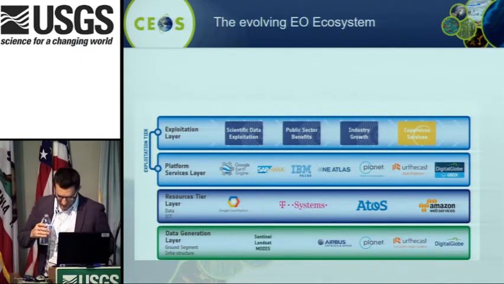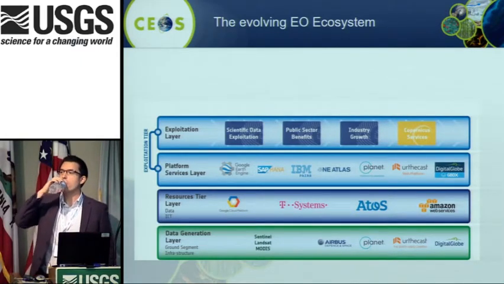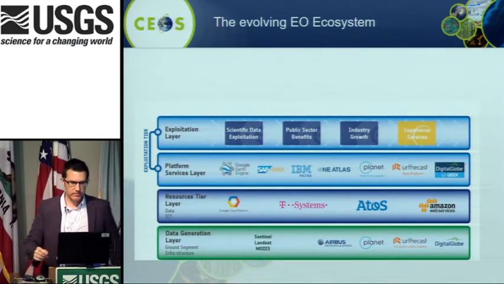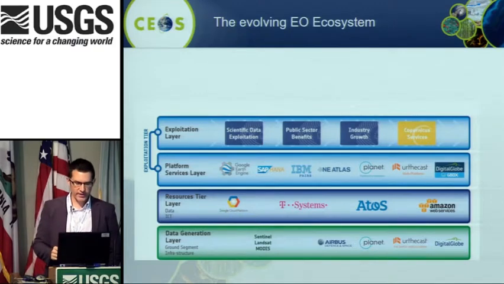So we saw this a little bit earlier on from one of our European colleagues. We also have a complexification, if you like, of this environment. So we have the initial data generation layer. There's just some examples of names of people in here. It's not exhaustive at all. And we have the exploitation layer up here.